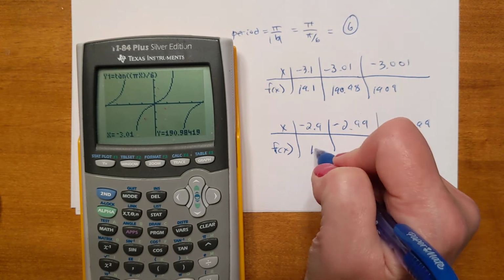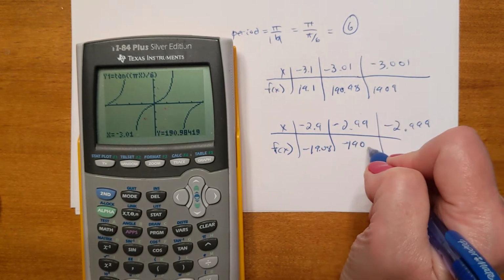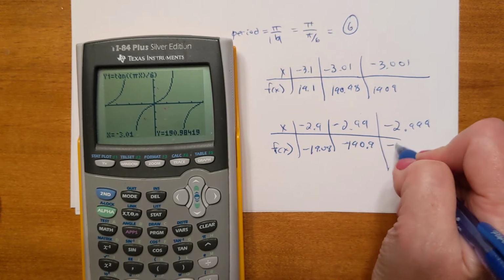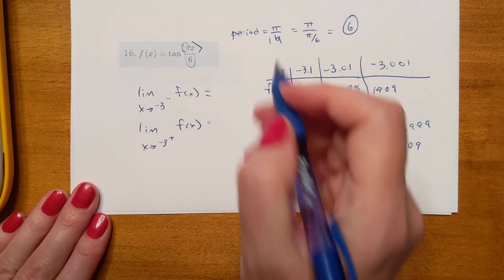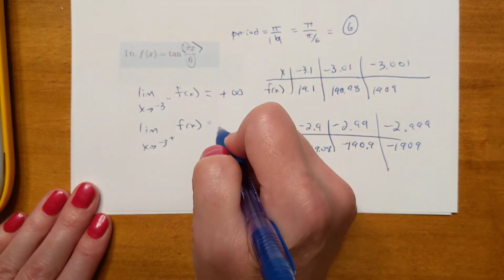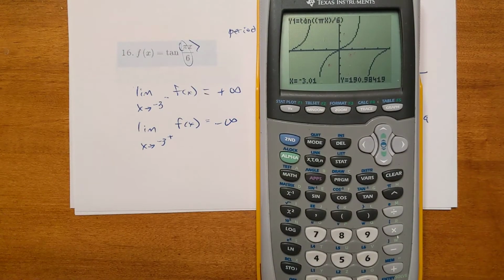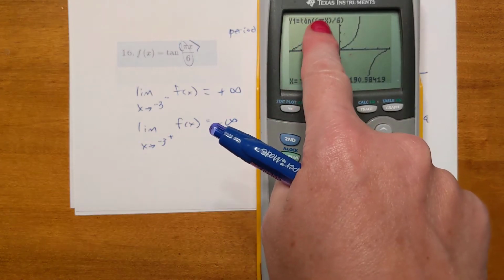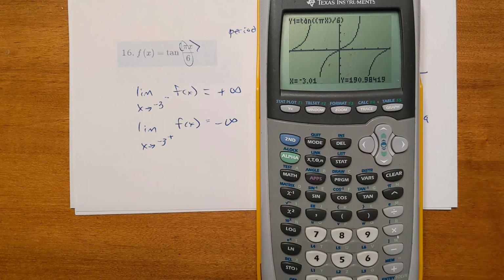And these numbers, when you plug them in, -19.08, -190.9, and then -1909. So this one is going to positive infinity, and this one's going to negative infinity, which we confirmed on the graph. When it comes in from the left, it's going to positive infinity. When it comes in from the right, it's going down to negative infinity at -3.